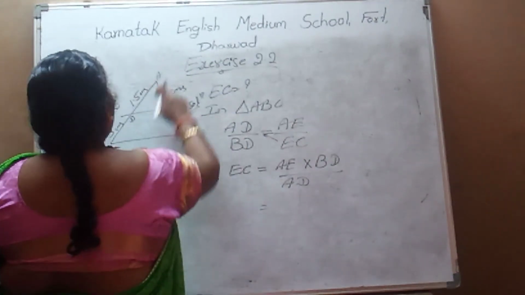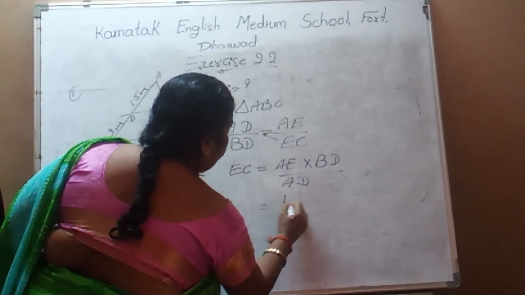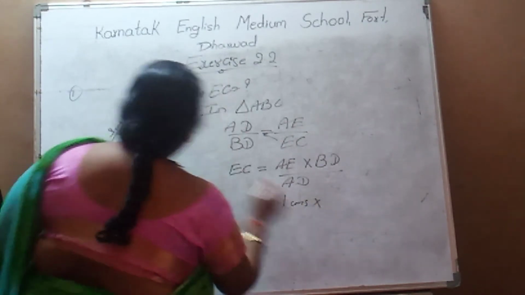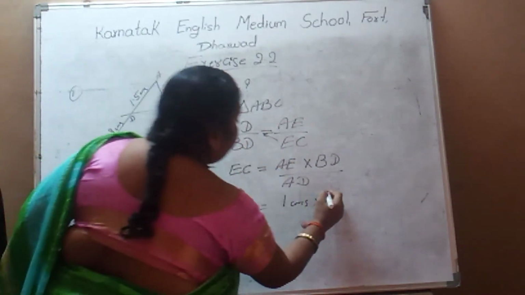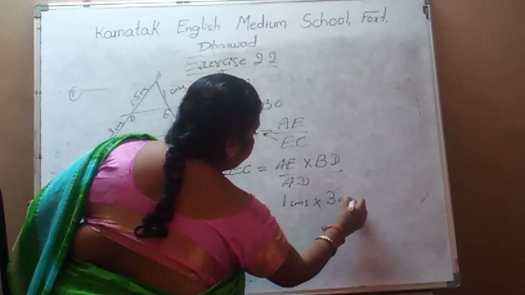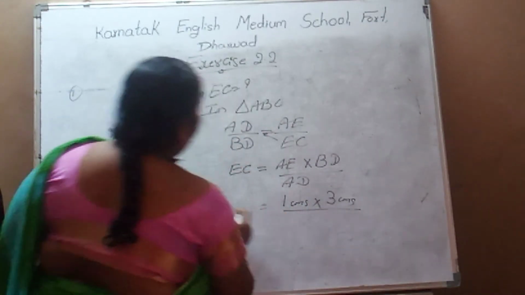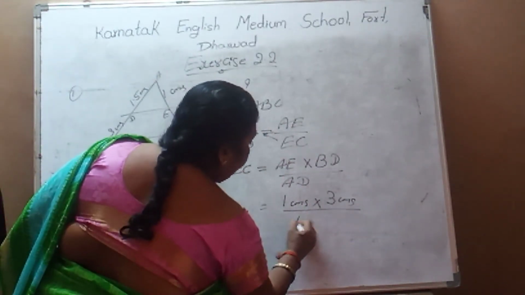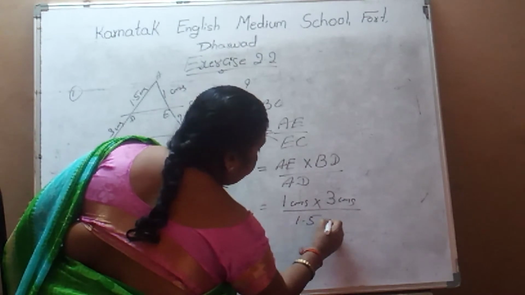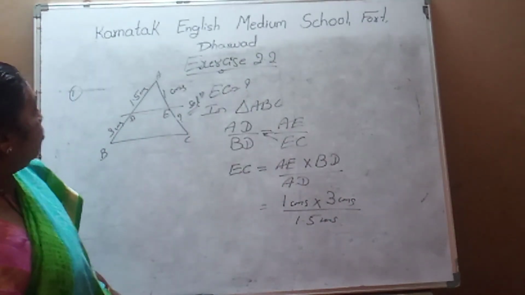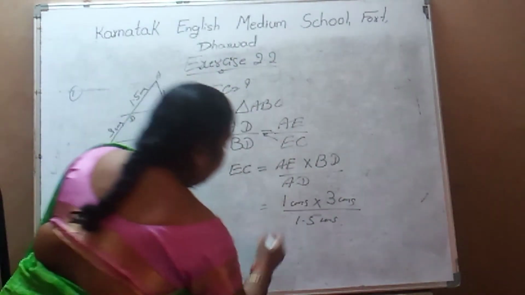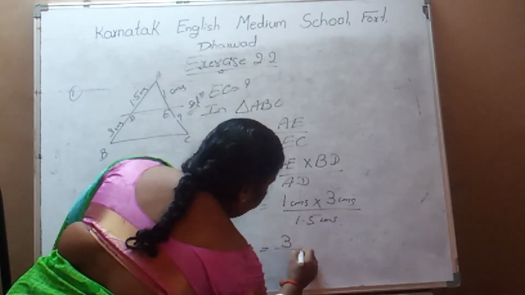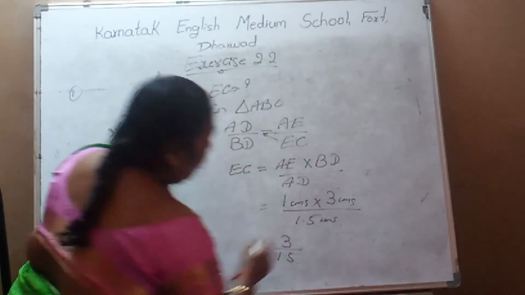AE how much is given? AE is 1 centimeter. BD how much? 3 centimeter, divided by AD, 1.5 centimeter. So 3 ones are 3, divided by 1.5.